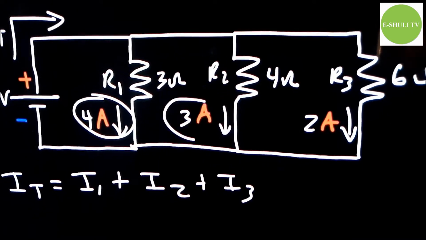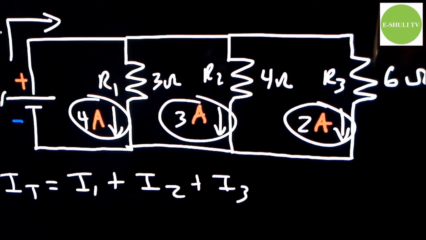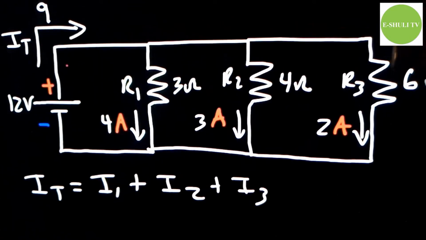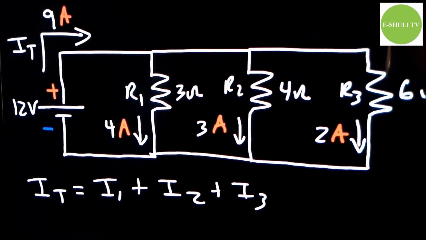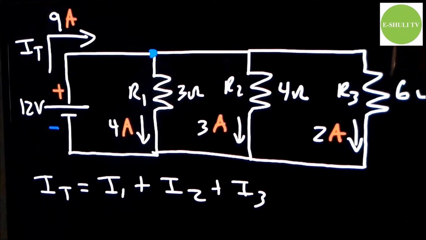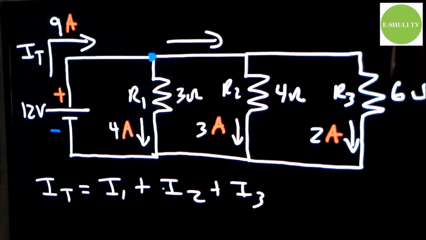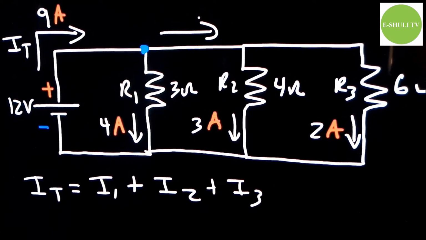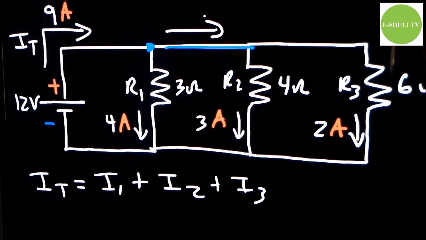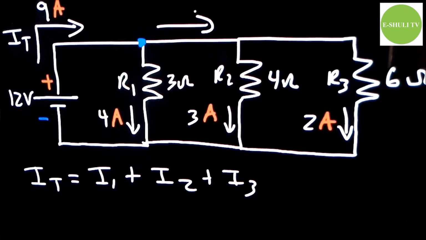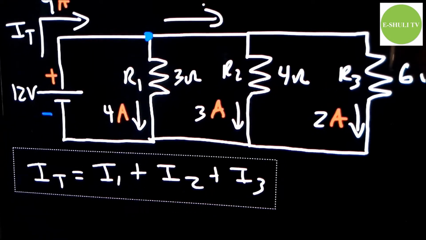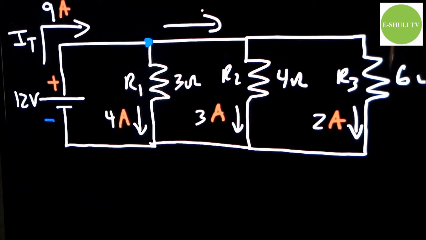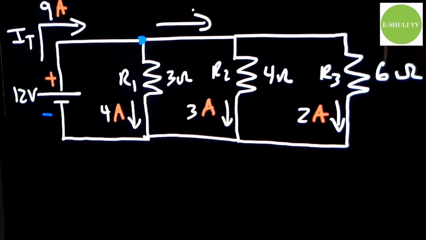You make a sum of these currents, and we have 9 amperes: 4 plus 3 equals 7, plus 2 equals 9. Now the current passing through the first resistor is equal to 4, and the total current passing through the whole circuit is 9 amperes.